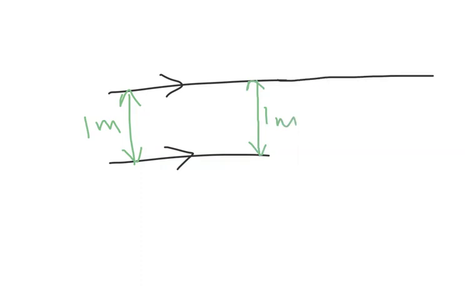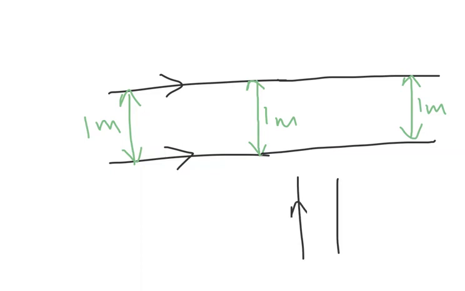And if we extend it further and measure it over there, it will be 1 meter. So it just means the distance is always the same between those 2 lines. Sometimes it will give it like that, sometimes like this. It doesn't matter what they give. If they show two parallel signs like that and another 2, then you know these 2 lines are parallel, which means the distance is the same. So just keep that in mind for parallel lines.